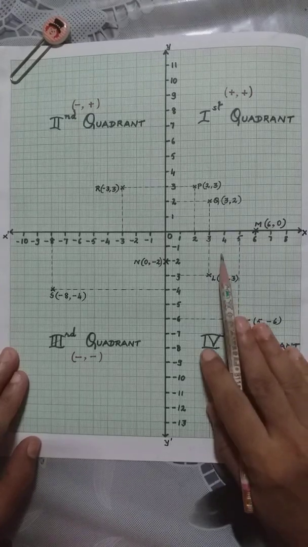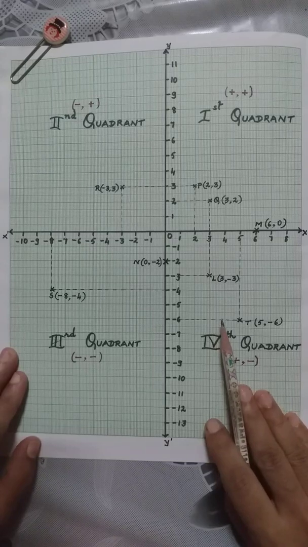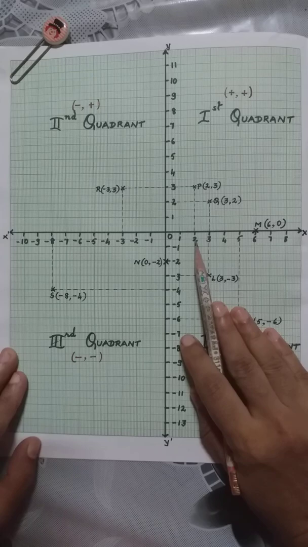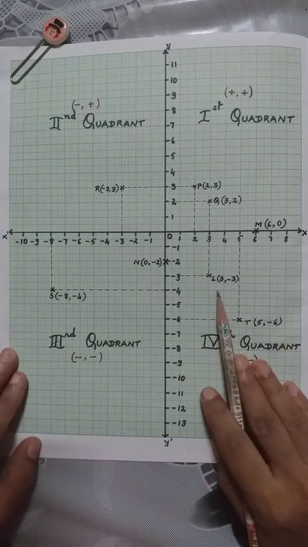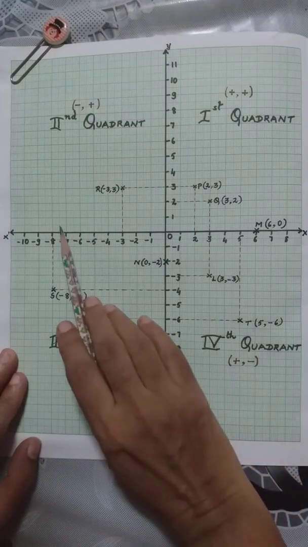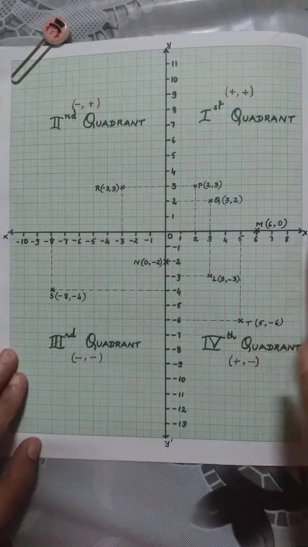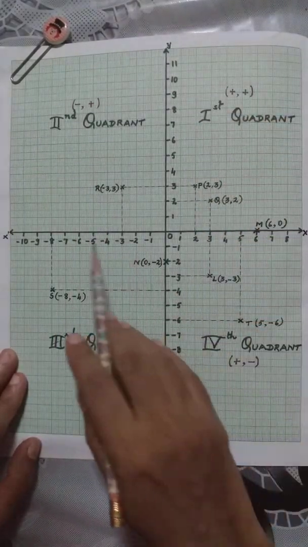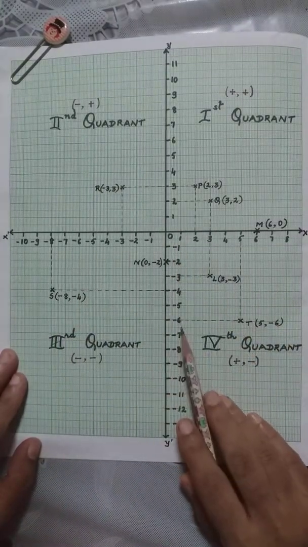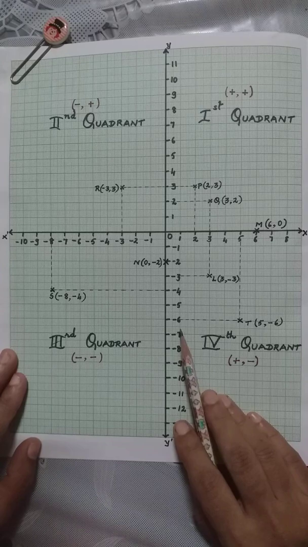Now you look at this image over here. This is the page of a graph paper where you see that I have drawn a vertical line and a horizontal line. The vertical line and the horizontal line are at right angles to each other.